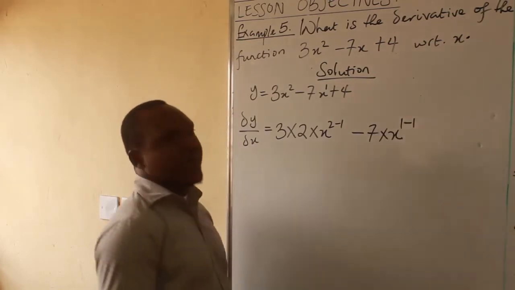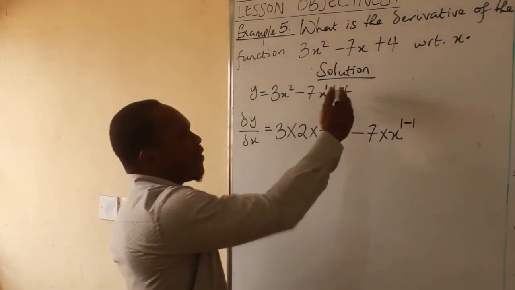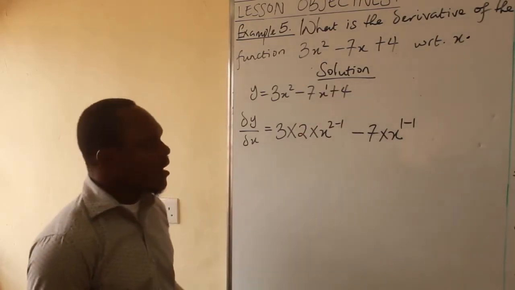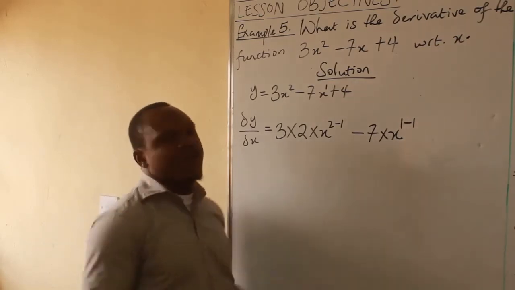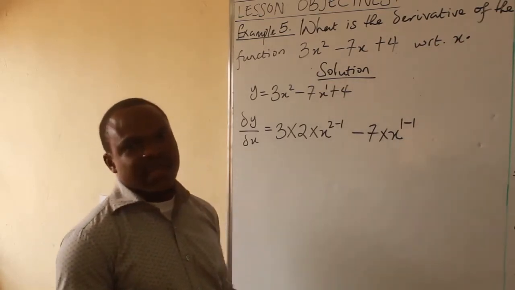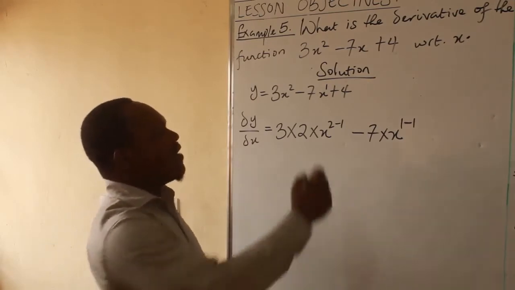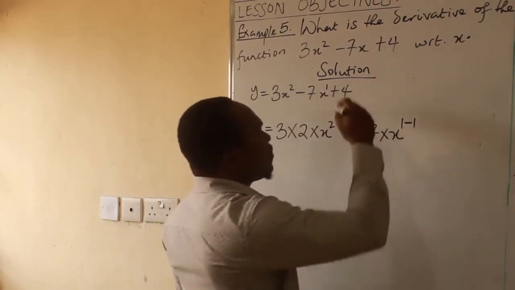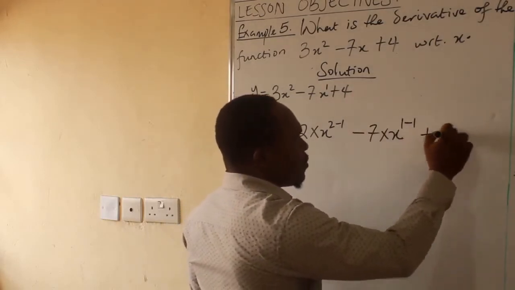Now if you remember, as I told you previously, 4 is a constant term, and I had always told you when we began this topic in class that the derivative of a constant is always 0. Because if we're having 4 here, the derivative of 4 will give us 0.